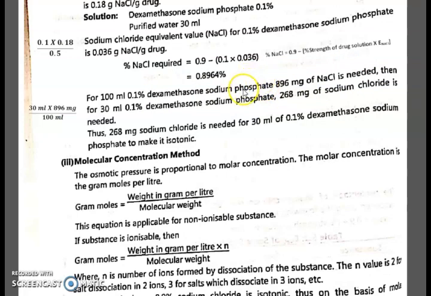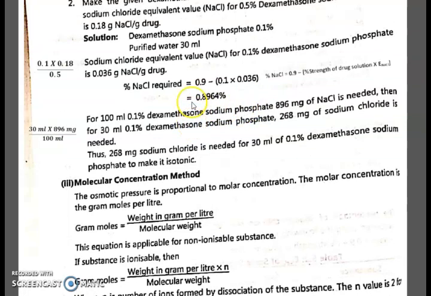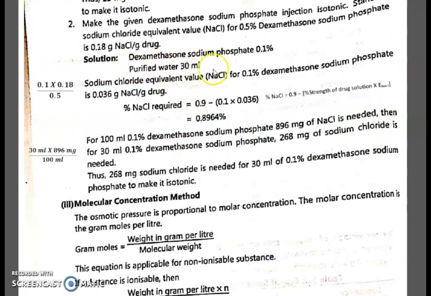So, as per the question, we have to prepare 30 ml of 0.1% dexamethasone sodium phosphate injection. The amount of NaCl required can be calculated by 30 ml multiplied by 896 mg divided by 100 ml. That gives 268 milligrams.